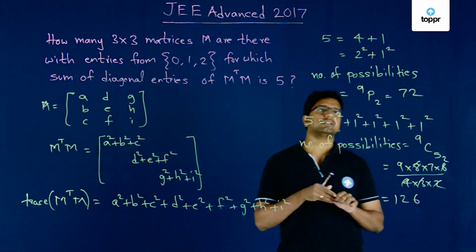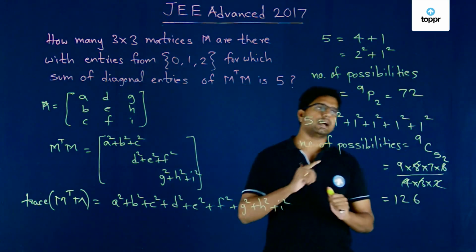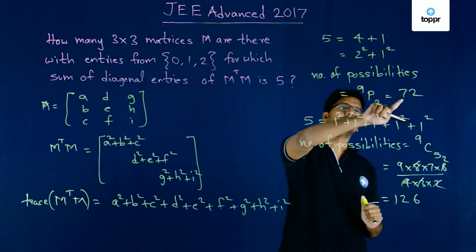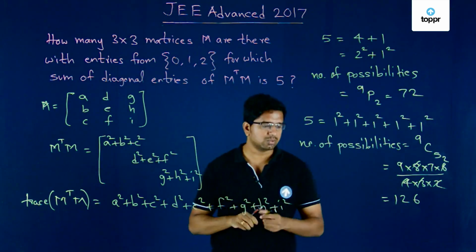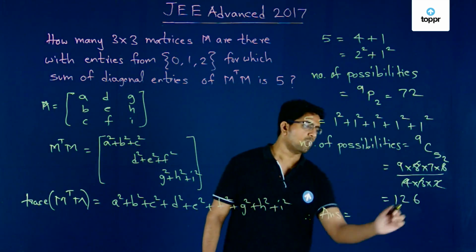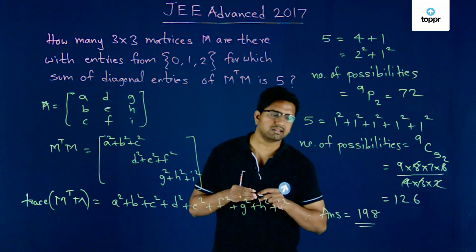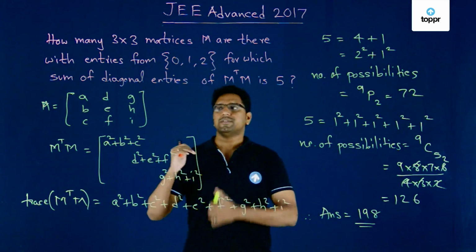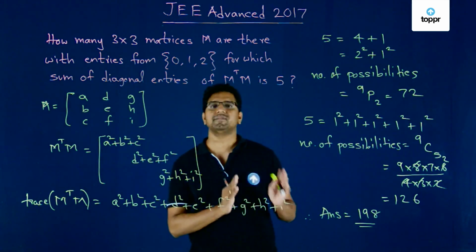So let's see what is the final thing that we get. We have 72 plus 126 as the total value. Therefore the answer to this problem is 198. Okay, so it's a good problem which involved simple matrix algebra but a decent amount of combinatorics.